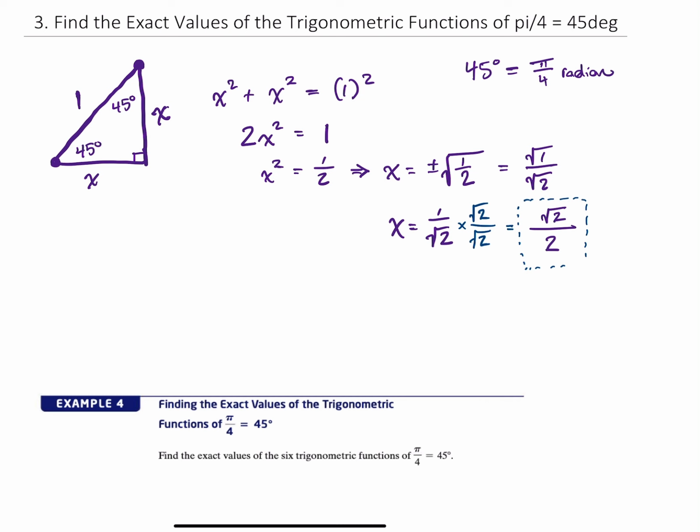So let's make a little conclusion here. What this tells us is that each of these side lengths is root 2 over 2. This is also root 2 over 2. So that will be our coordinate point.